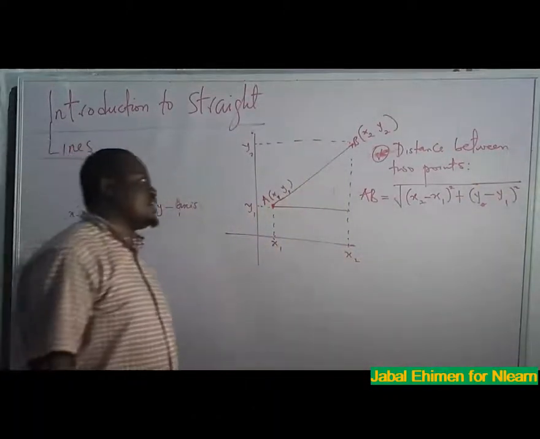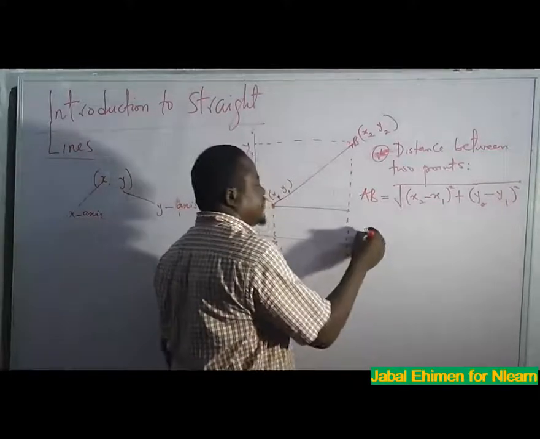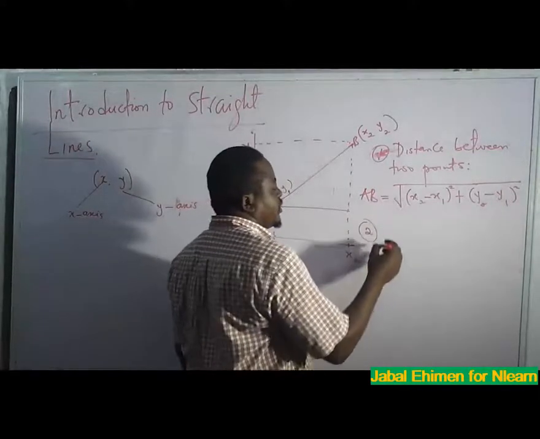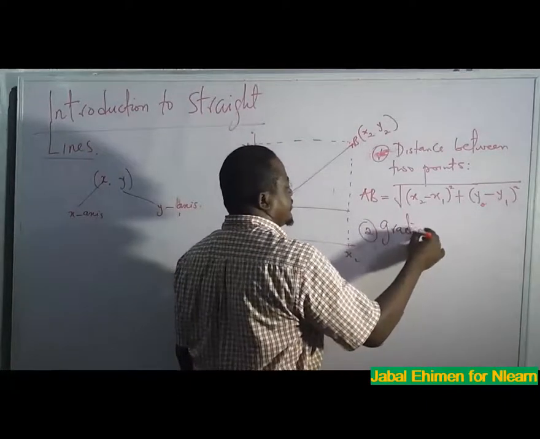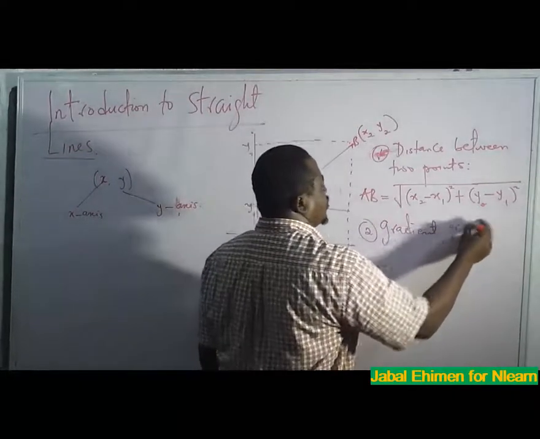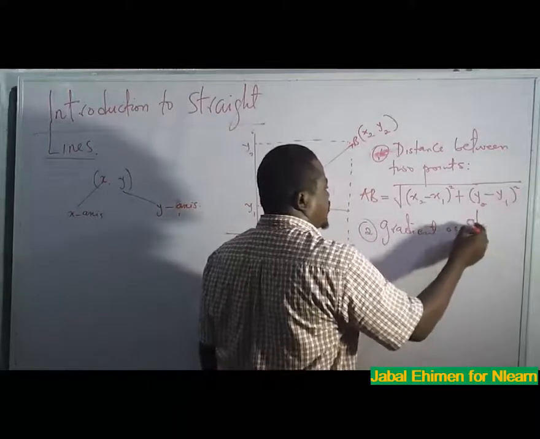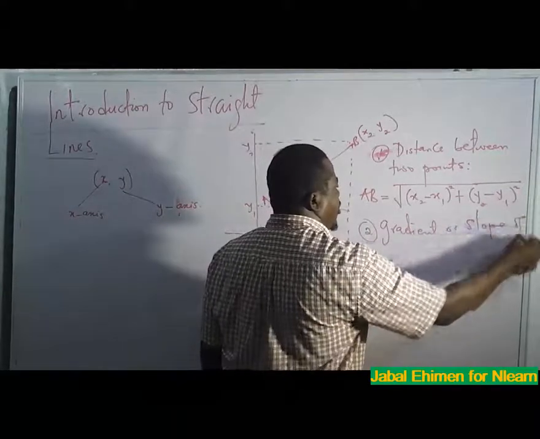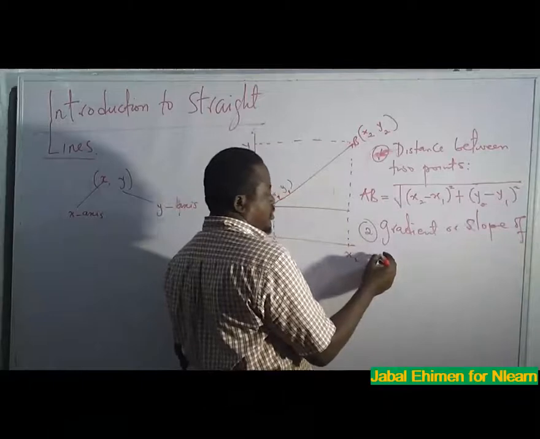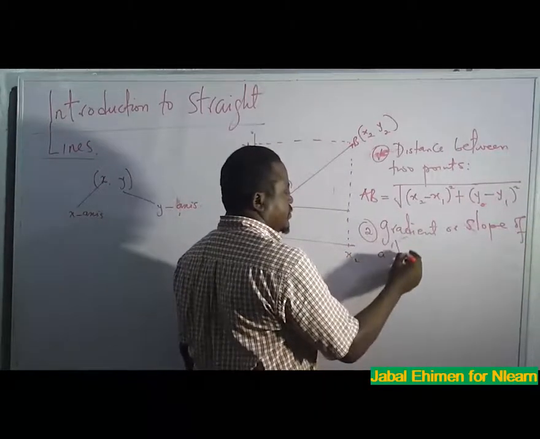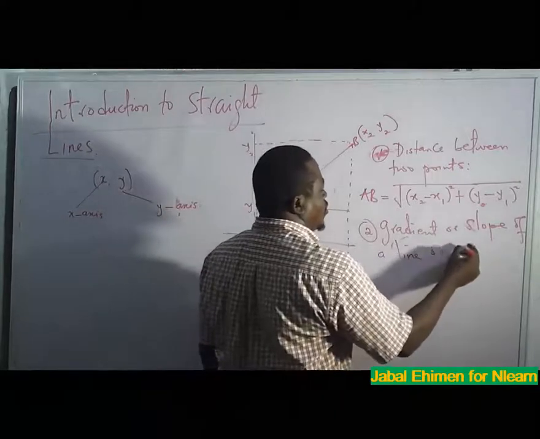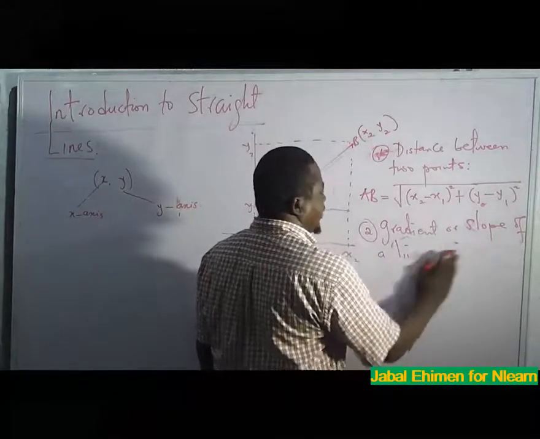There's something else I can get from here. I can get a thing called the gradient or slope of a line. Good.